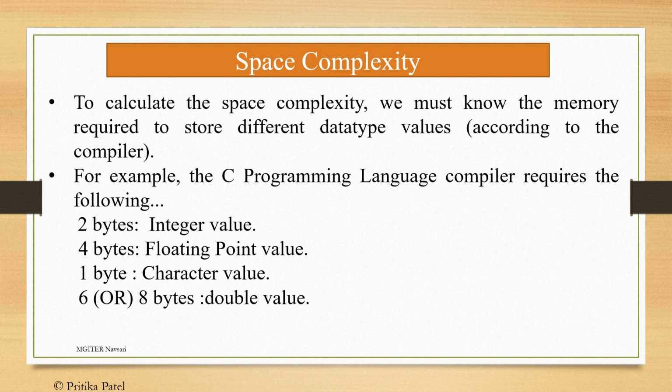For example, the C programming language compiler requires the following configuration. First one is 2 bytes to store an integer value, 4 bytes to store a floating point value, and 1 byte to store a character value. Now, if we want to store a double value, then we need 6 or 8 bytes.